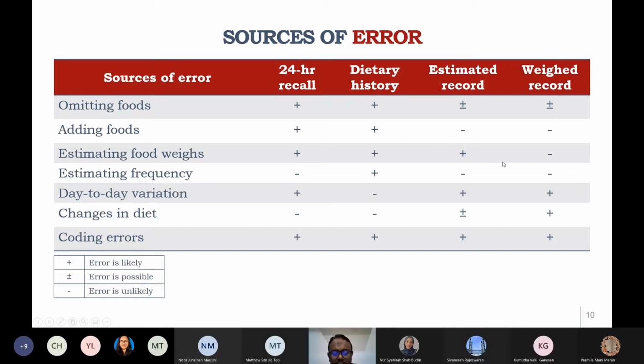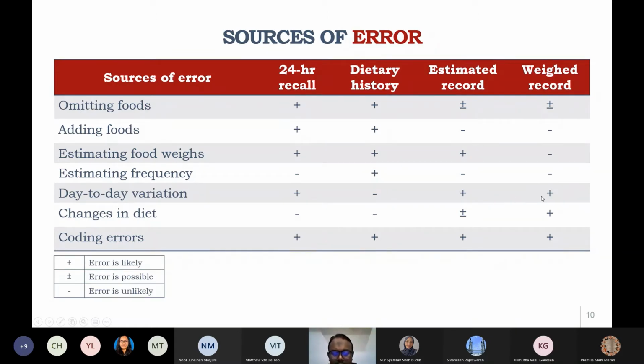Estimating food weight is likely for estimated record because we have to estimate the weight, but it's not likely in weighed food record because the weight is given by the weighing scale. Estimating frequency is not likely for both of these types because there is no frequency.